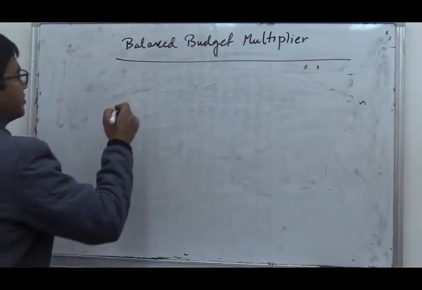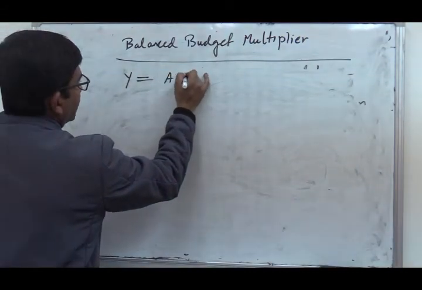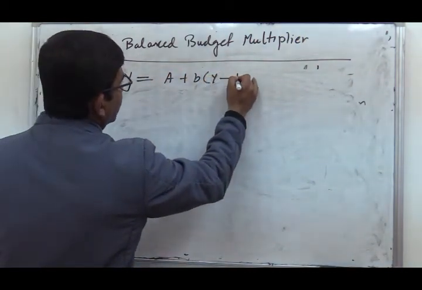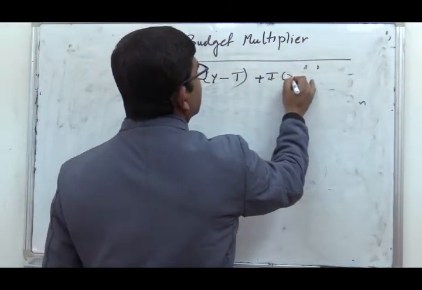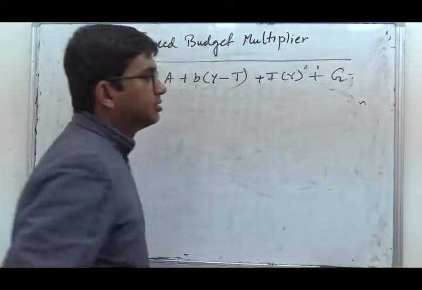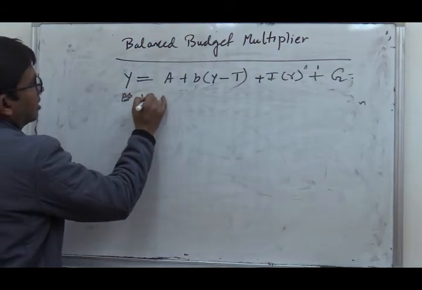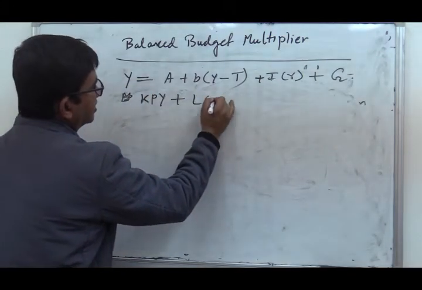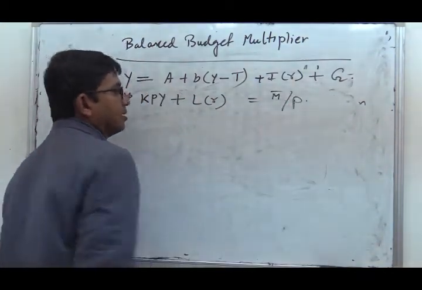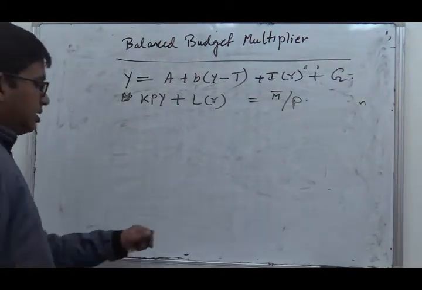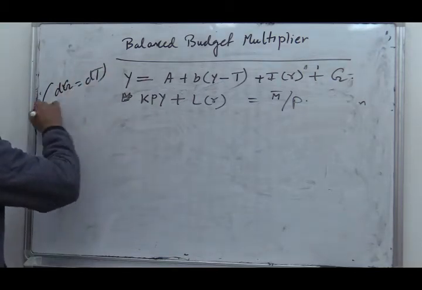Again we start with the same equations: the product market equilibrium, Y equals a plus b into (Y minus T) plus I(r) plus G, and the money market equilibrium condition, kPY plus L(r) equals M bar by P. And here the precondition is given as dG equals dT.